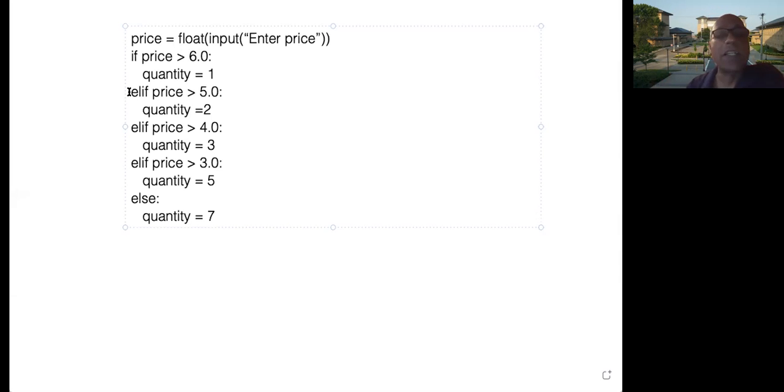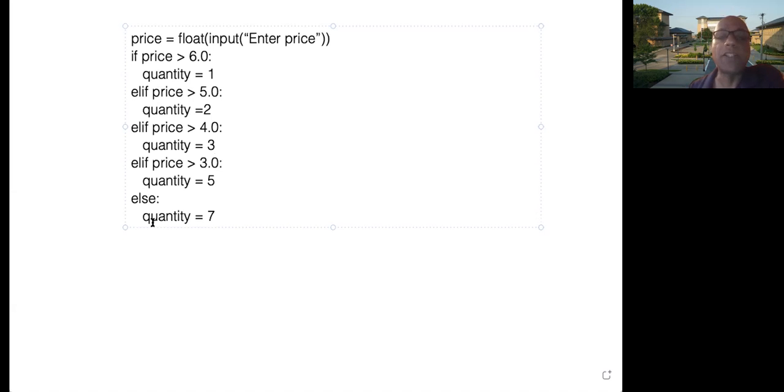What it means is, if this condition is false, and if this condition is true, else if. This really means else. Otherwise, if price is more than $5, so we assume price is 5.5. So price is 5.5, greater than 5. So we will set quantity to 2, and all of this will be ignored.